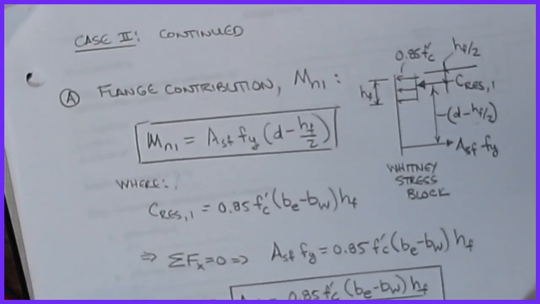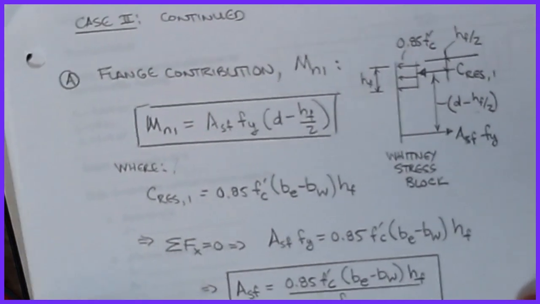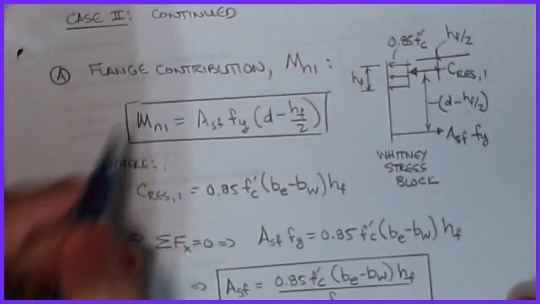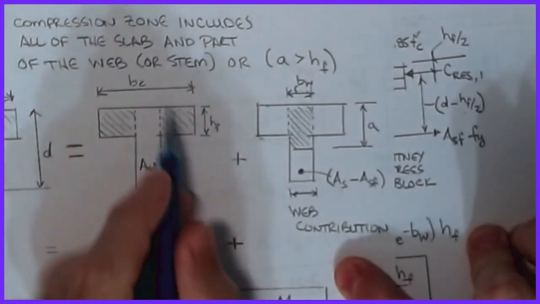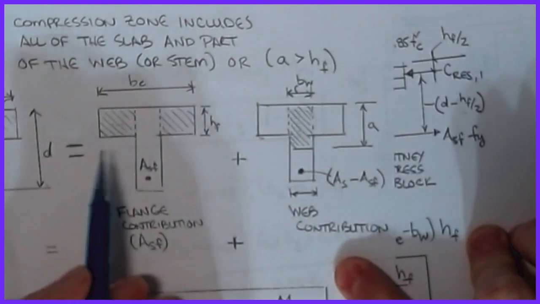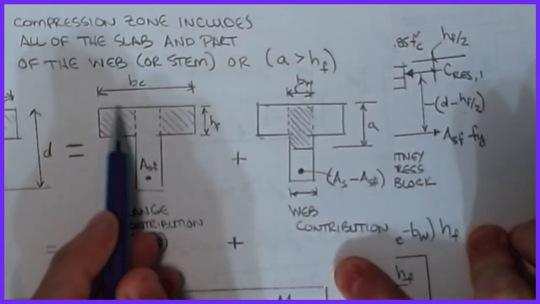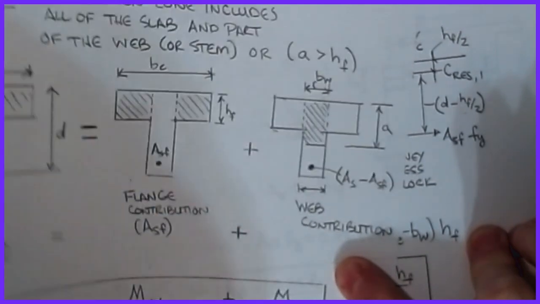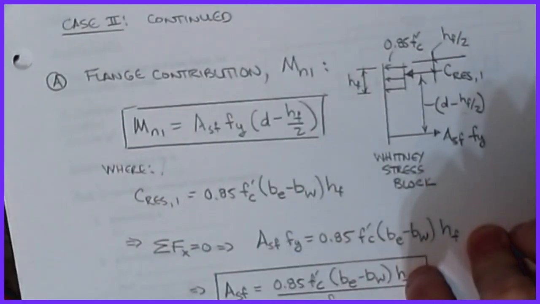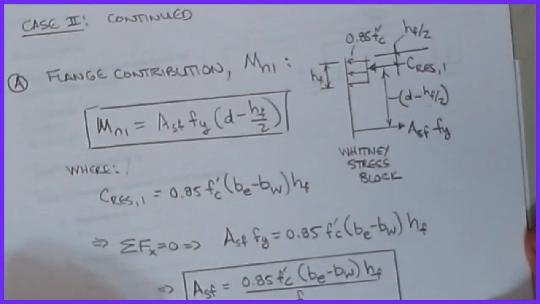Again, we have our Whitney stress block on this, so we're looking at this case here. All I'm going to do is figure out, if my A is exactly equal to HF, which is what this scenario is going to say, then my Whitney stress block will look something like the following, and it'll look pretty familiar.